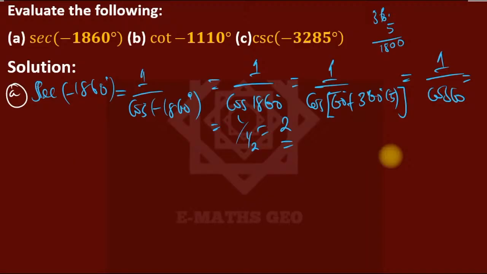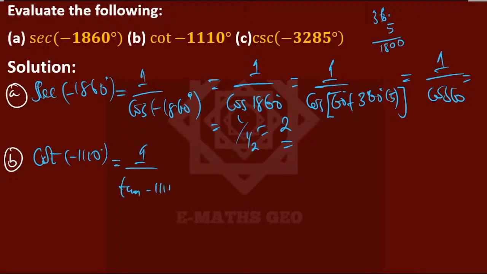So let's look at the second one, which is cot minus 1110 degrees. So first, we know that cot is 1 over tan. So we now have 1 over tan of minus 1110. Now remember, tan is an odd function.